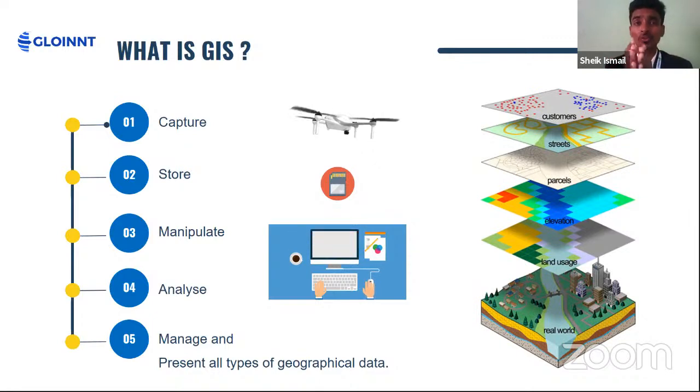Geographic information systems are exclusively about getting information about geographical features, that is, roads, buildings, trees, rivers, cars, bridges, anything. It's all about collecting information about our geographical earth features.